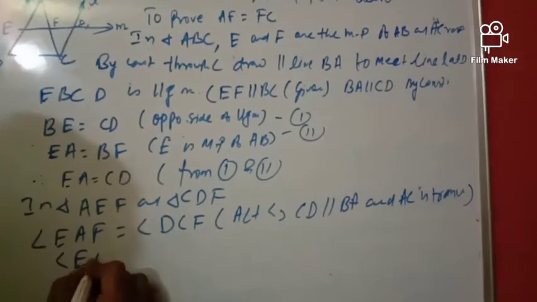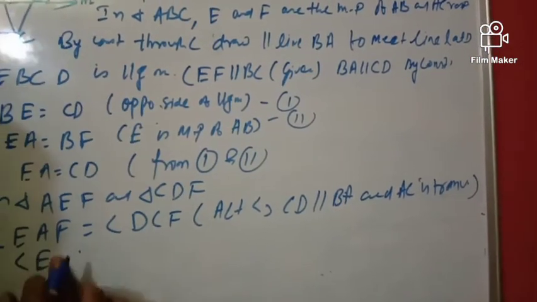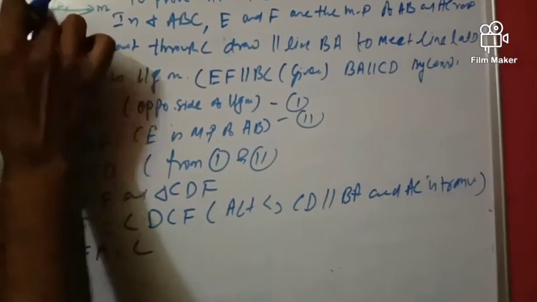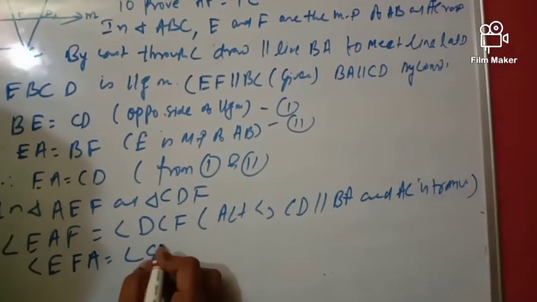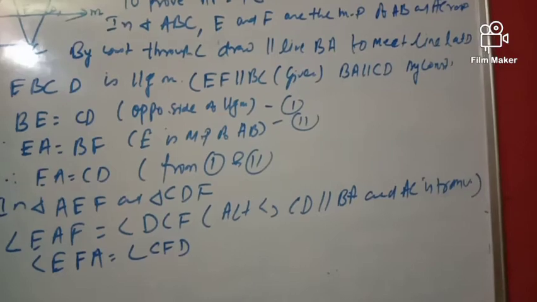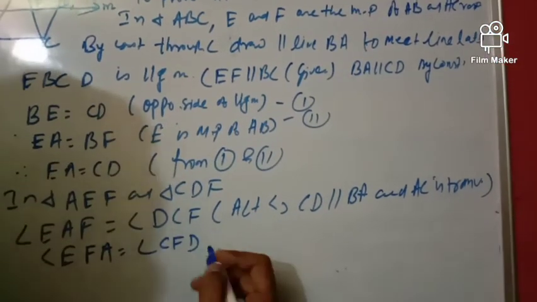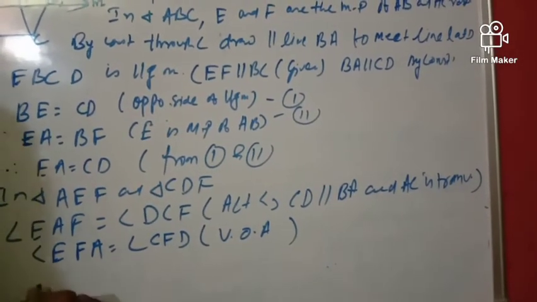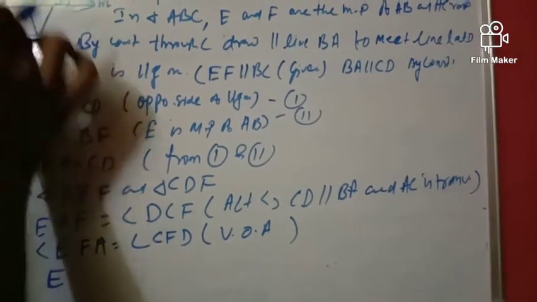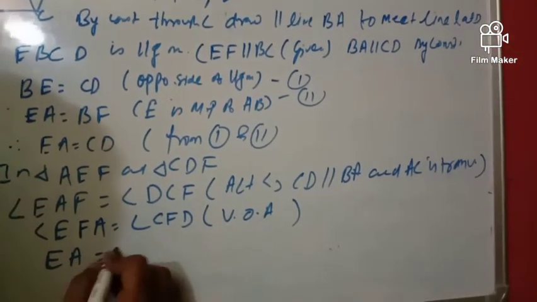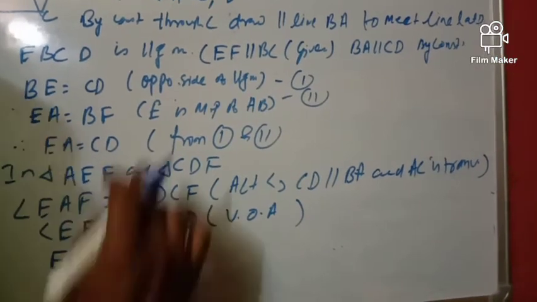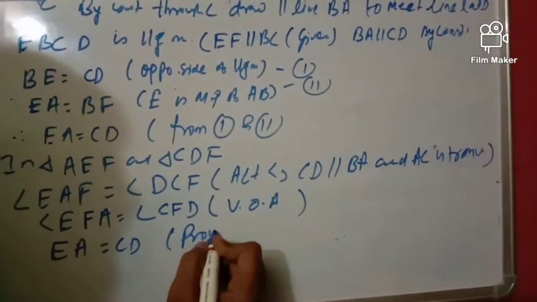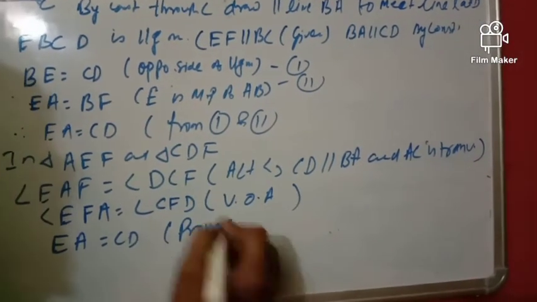Angle EFA equal to angle CFD, or DFC. Why? Vertically opposite angles are equal. EA equal to CD, we already proved this, let it be equation 4.